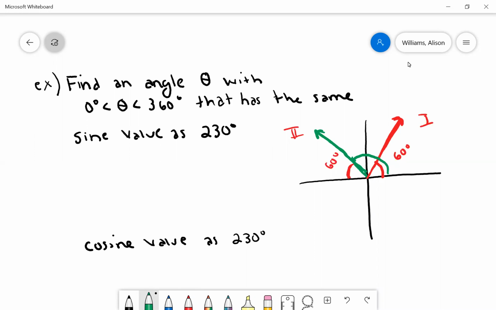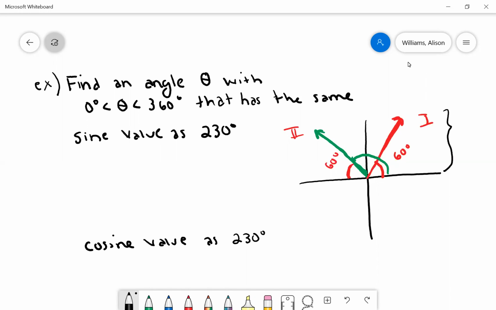Because it's the same reference angle and sine has the same positive value in the first and second quadrant, because remember, sine is related to the y-axis. So we pair sine with y values. That comes from the definition of sine of an angle equaling y over r. So when the y values are positive, sine is positive.